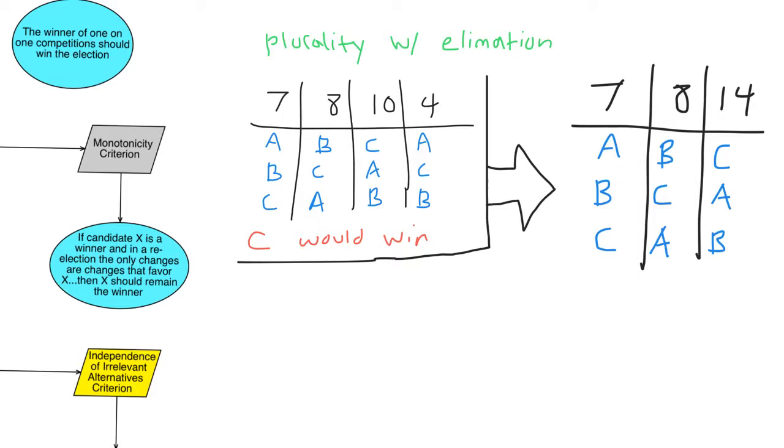I'll draw a little arrow. These four voters decided that at the end of the day, they like C the best, A second, and B third.